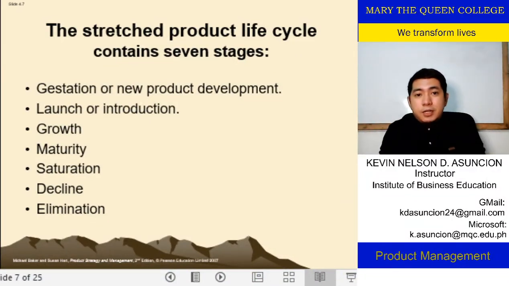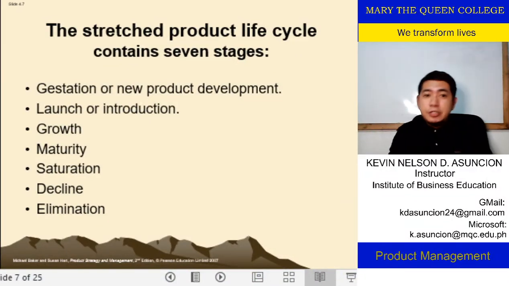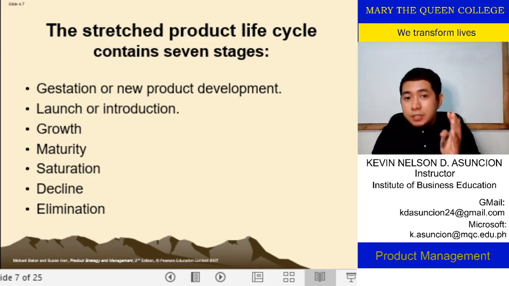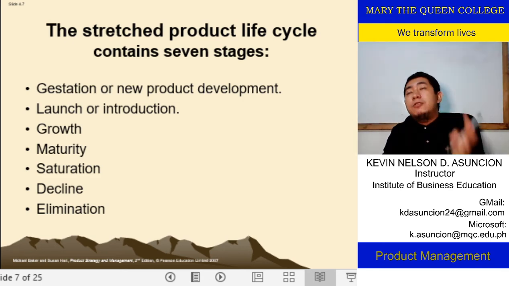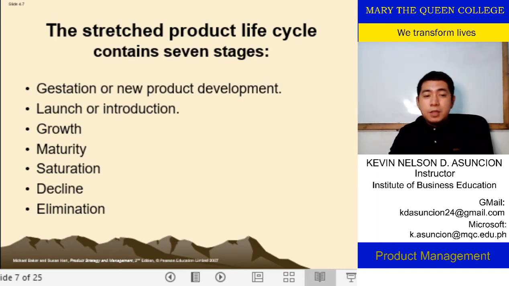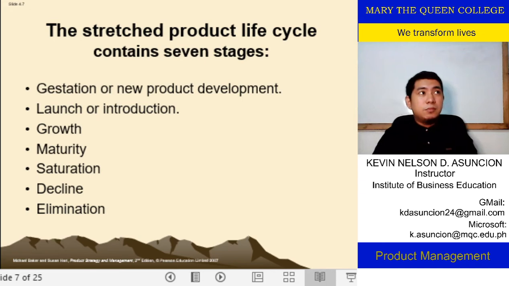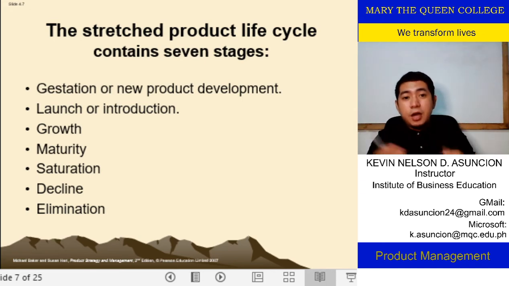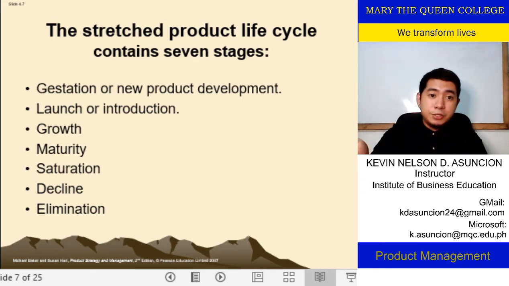The stretch product life cycle contains seven stages. So gestation or the new product development, this is the planning. This is the reason why you have this subject prior on knowing the product life cycle. Of course, you need to develop your product, and then you need to discuss the introduction. How will you release? That's the launch.